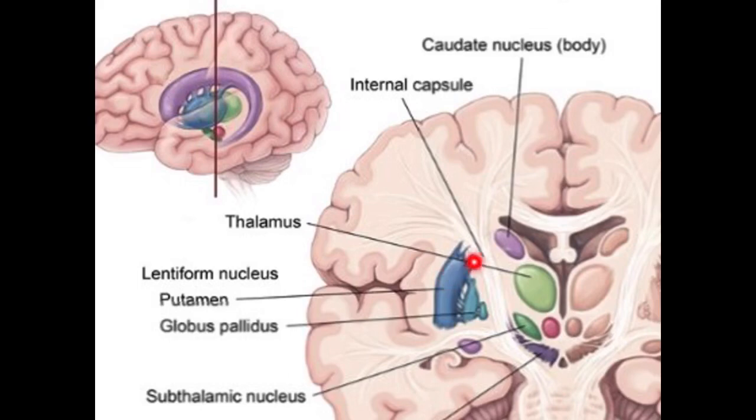The caudate nucleus and putamen are collectively called the striatum. You might need a mnemonic. The mnemonic for this one is LPG, liquid petroleum gas: L for lentiform, P for putamen, G for globus pallidus. And what about the striatum?